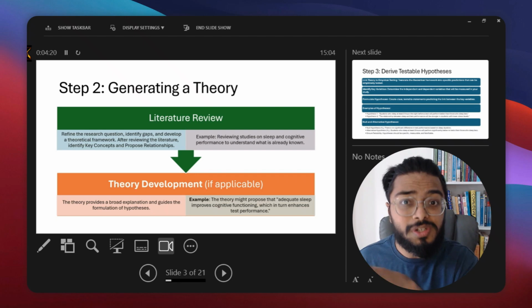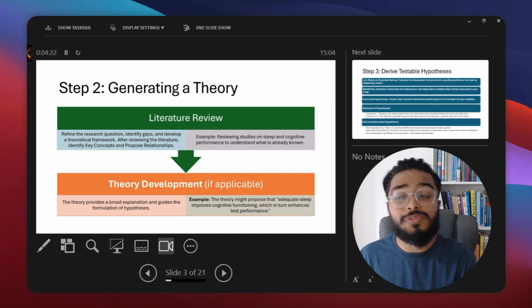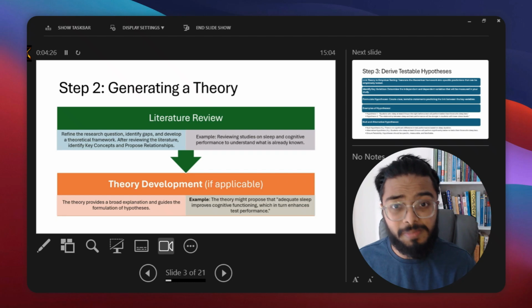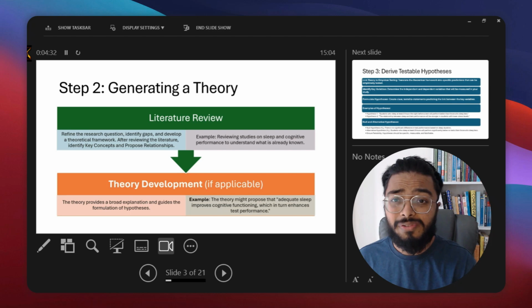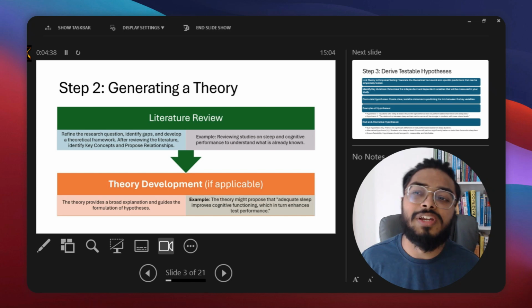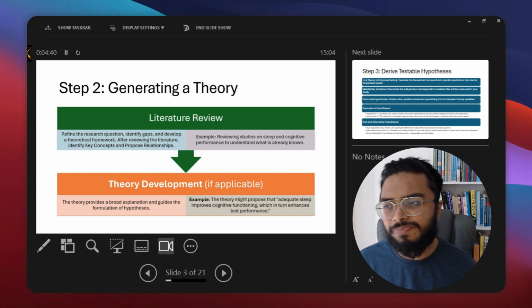But before that, you need to look into the literature. You need to read the research literature, things that have already been published, probably on the World Wide Web, the internet. You need to go through and study those studies, those research findings, what people have found.